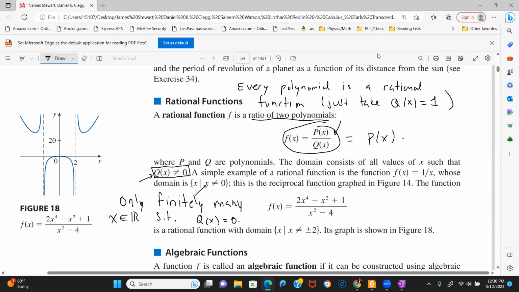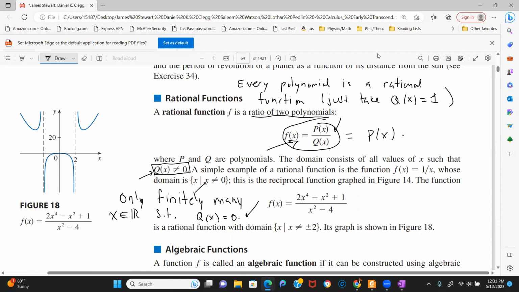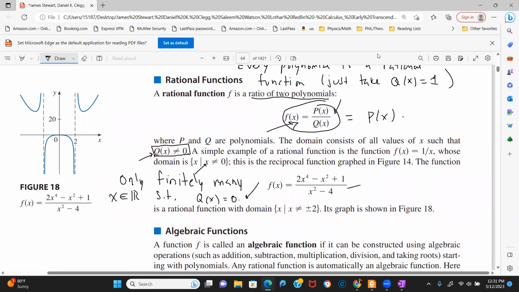So to get the domain of this rational function, you take the real line and chop it off at these points where q of x is equal to 0. For example, they have this example right here.